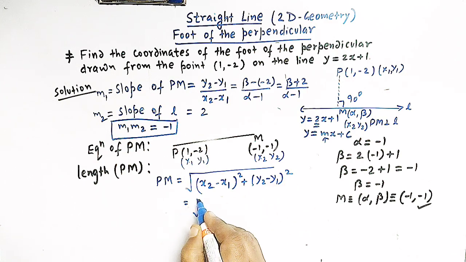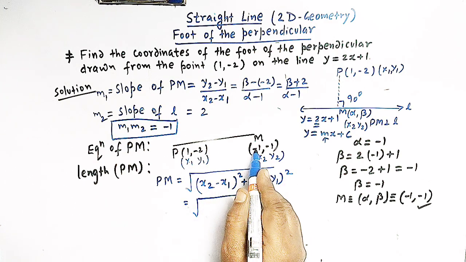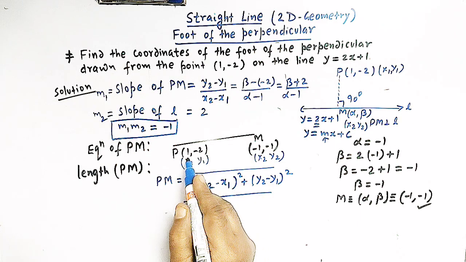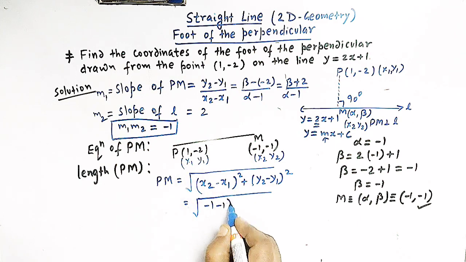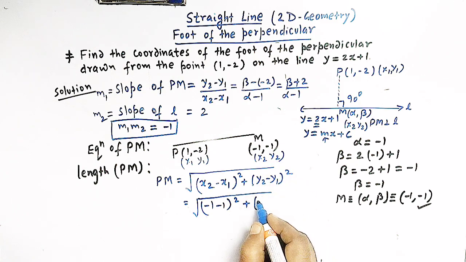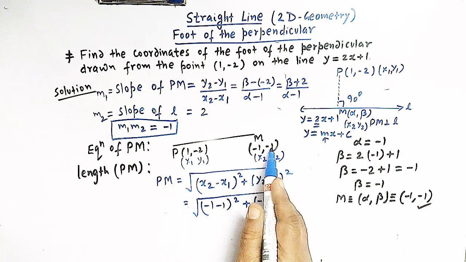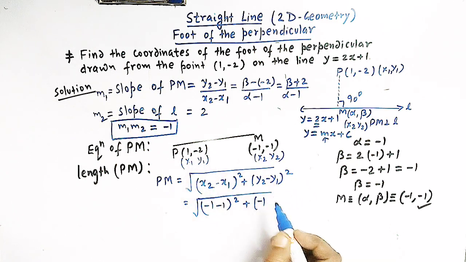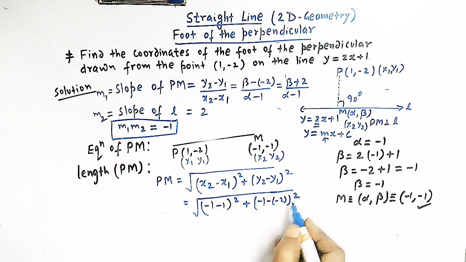So we have square root of here we have minus 1, here we have 1, and this is a square, and then we have y2 is minus 1, and y1 is minus 2. So we have minus 2, and here we have the square.